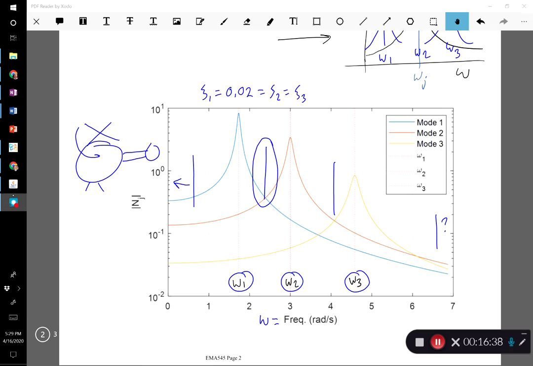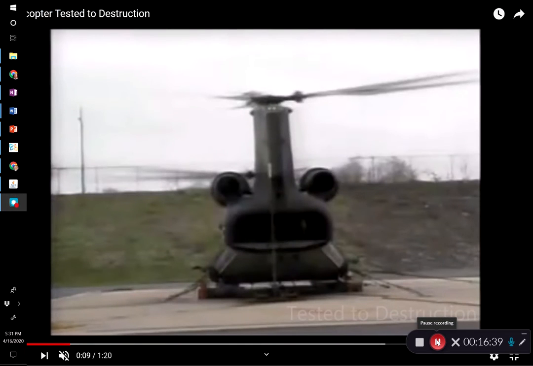Let's actually look at an example of that. So here's an interesting example of a helicopter resonance. So I believe this is a Chinook helicopter, and notice they've strapped it down for a test.